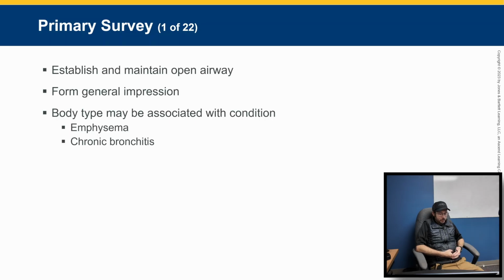We used to train two completely different assessments for medical versus trauma patients, and I don't like doing that because then you start missing things because you start taking shortcuts. I like to teach you a way to do pretty much all of it, and you can apply it to every patient. Kind of like my one formula for all of med math, it's my one formula for all patient assessments.